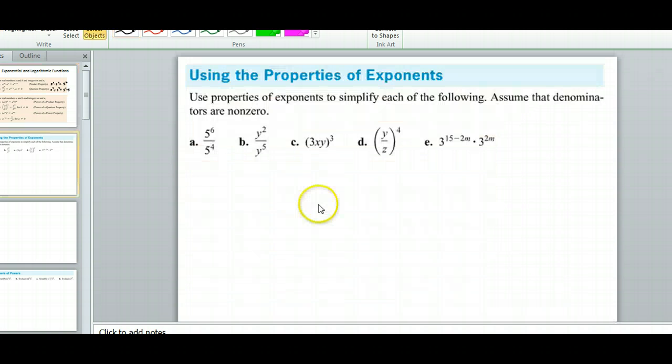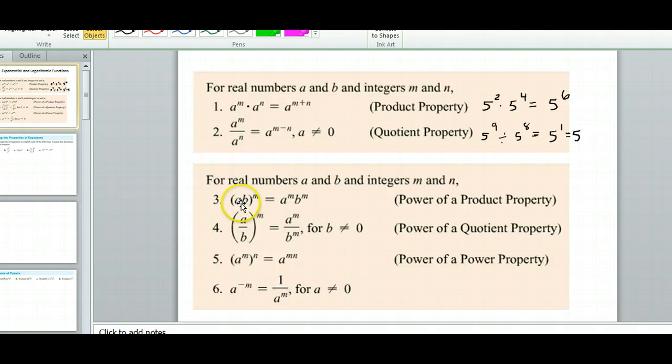Alright, and then powers to powers, products to powers. We're multiplying two things together and then raising them to a power. This is one of the few times we're allowed to skip the order of operations. Order of operations says multiply these first, then take them to the power of m. Well, if I had 2 times 3 squared, think about it for a second. 2 times 3 is 6. 6 squared is 36.